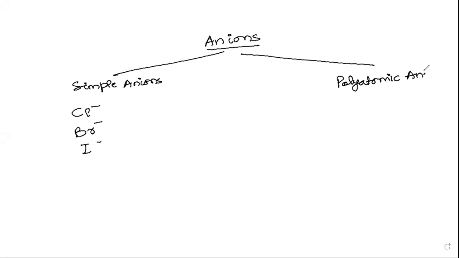Polyatomic, as the name suggests, contains more than one atom in an anion, and these can be nitrate ions, sulfate ions, phosphate ions, maybe carbonate ions, or hydrogen carbonate ions. So these are the anions.